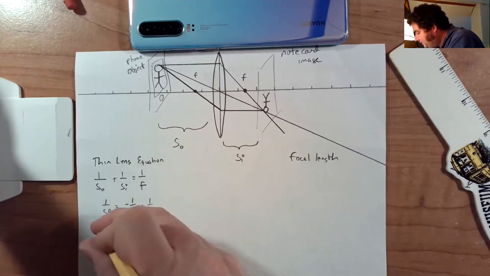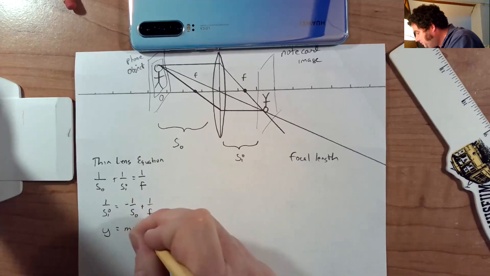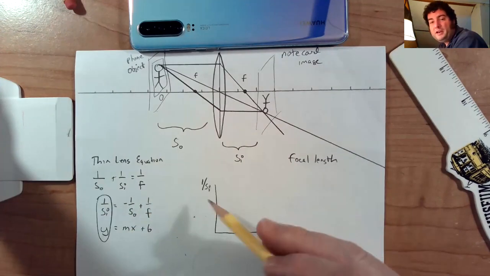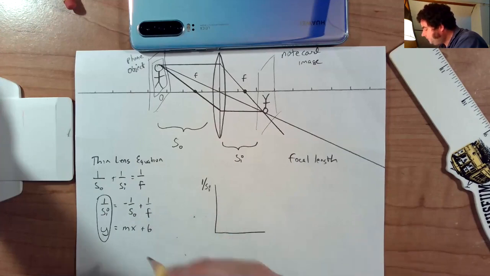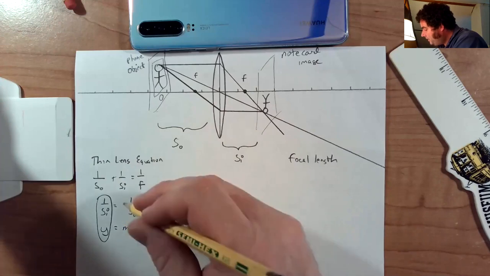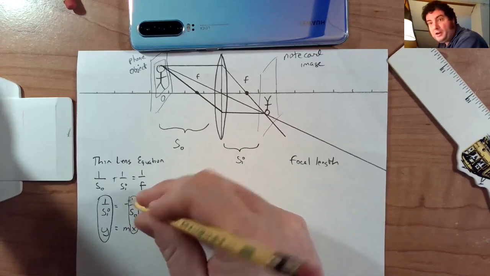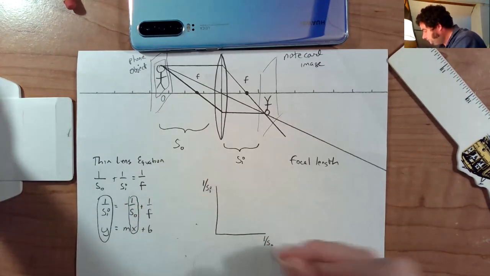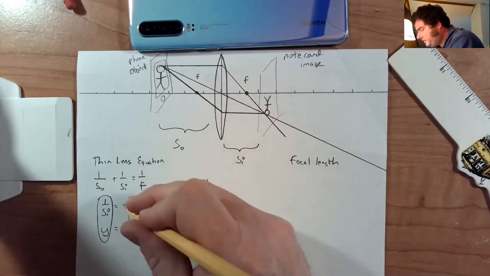And now I'm going to line that up next to y equals mx plus b. On the y-axis, apparently we ought to have 1 over image distance. On the x-axis, we're going to have 1 over object distance. So what's the slope here?